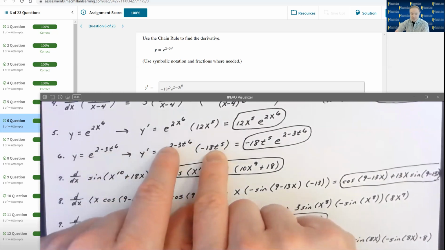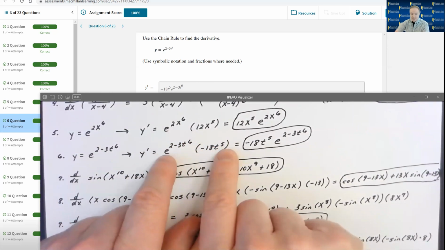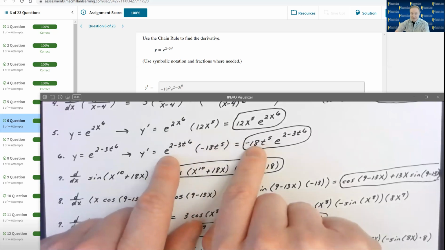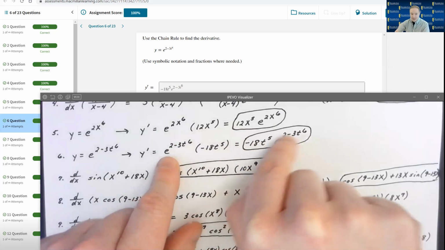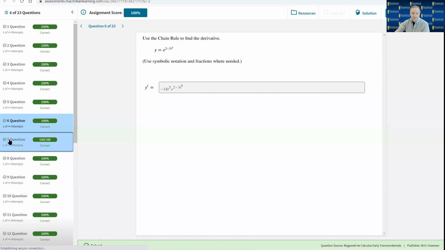Derivative of 2 is 0, but the derivative of minus 3t to the 6th is going to be negative 18t to the 5th. So exponential function times the derivative of its exponent. And I can say, okay, good answer, but it's better written as negative 18t to the 5th times that exponential function. And you can see that's what I entered here.